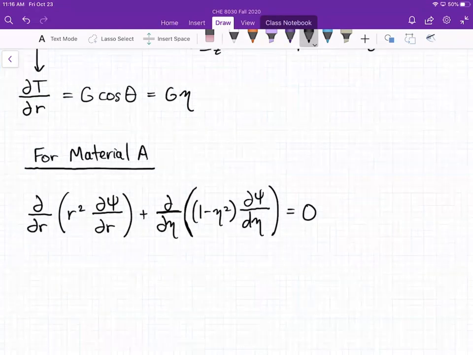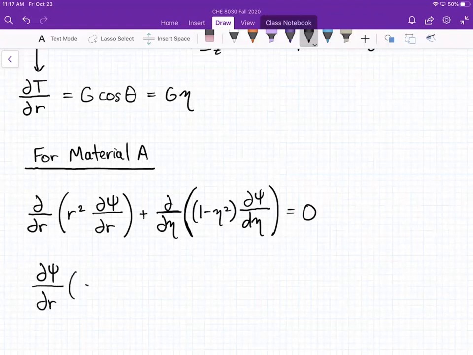I am told that the temperature gradient, in terms of my variable for temperature for material A, that's d psi dr, at r equals infinity, so infinitely far away from the surface of my sphere, is equal to G eta.